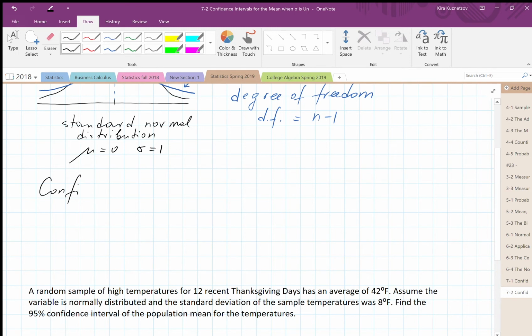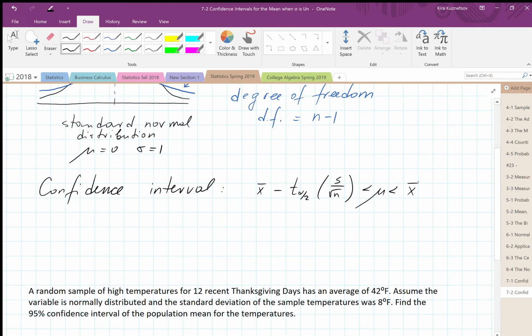The formula for the confidence interval when sigma is unknown: you still have the x-bar, your point estimate, and then instead of a z-score, you need to find a t-score, and instead of sigma, you take s divided by the square root of n. This is your boundary for the population mean.